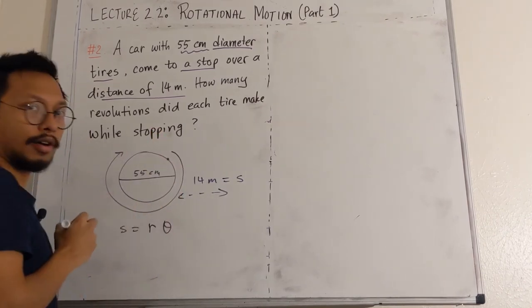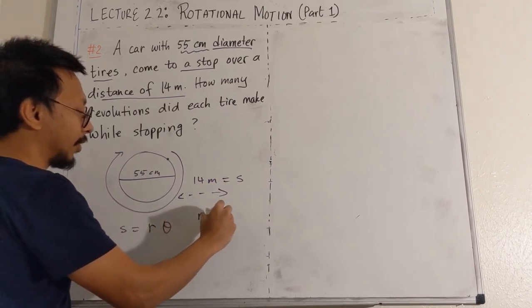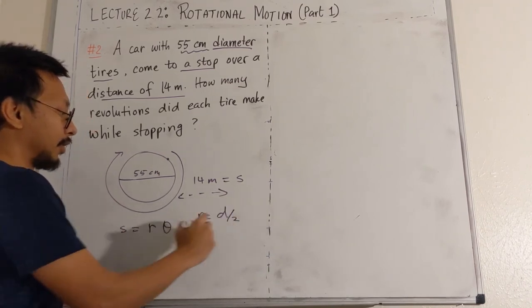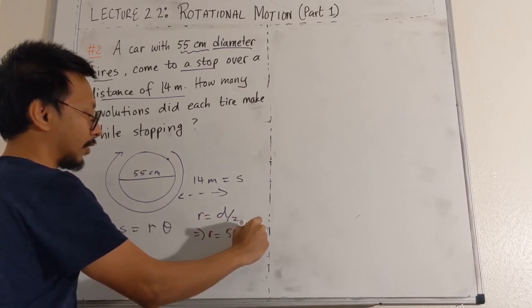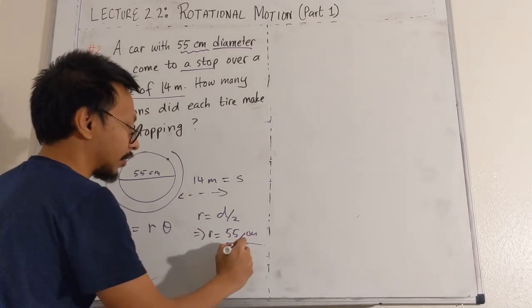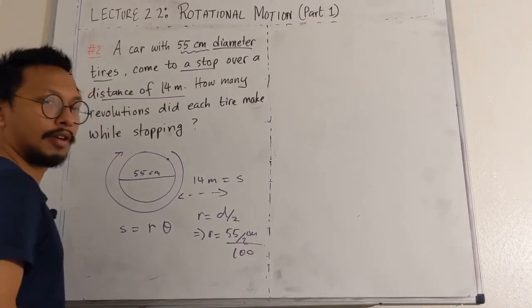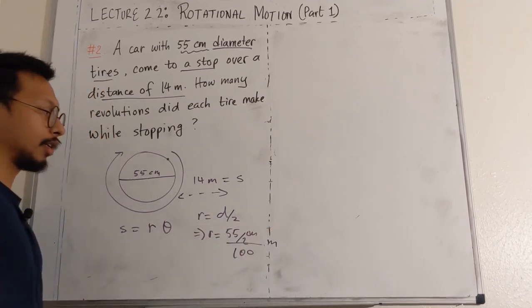We know that S equals R theta. What is the radius? The radius is half of the diameter, so 55 over 2 centimeters. Centimeters is not an SI unit, so we divide by 100 to get meters.